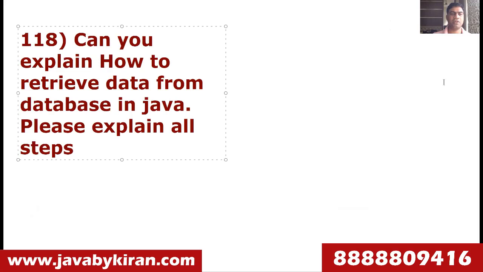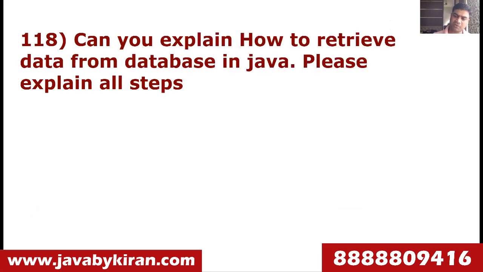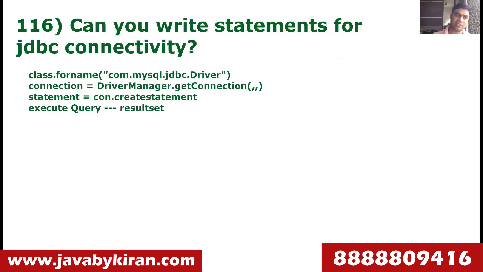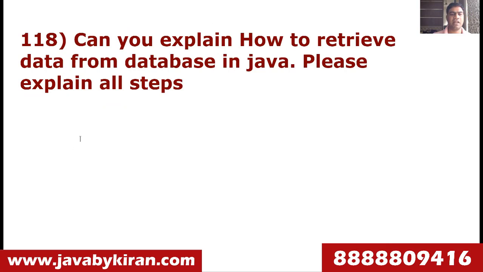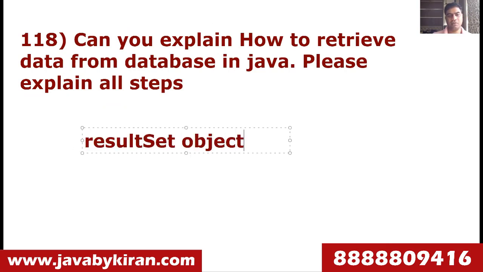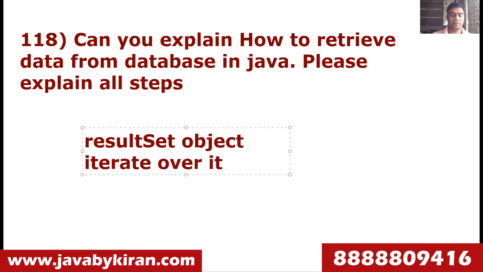can you explain how to retrieve data from the database in Java? Please explain all steps. So the same steps you keep talking. These are the steps. Plus you should say we'll have a ResultSet object. We iterate over it. It has a method next, which takes the ResultSet to the next row.